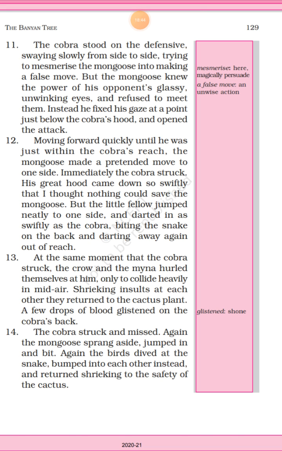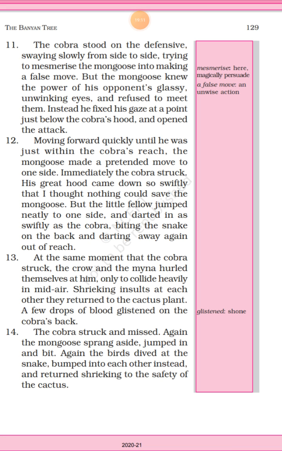They came back to the cactus plant and sat. So now who is injured? The cobra is injured. In the neck portion it is bitten by the mongoose. Blood is coming out and it is shown near the neck. Yes, a few drops.